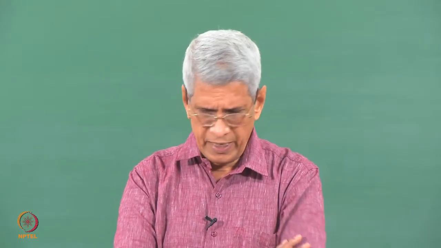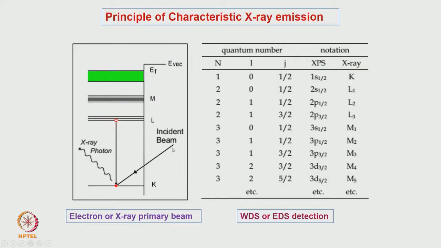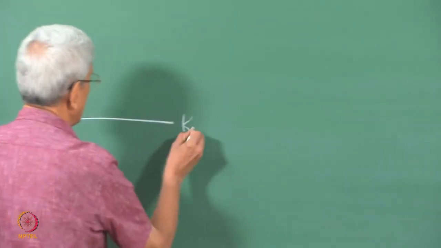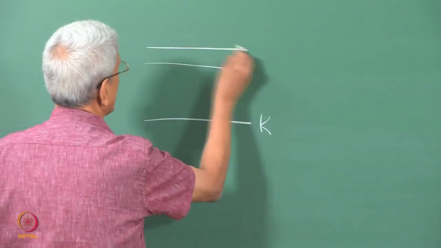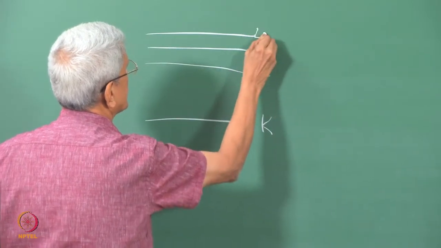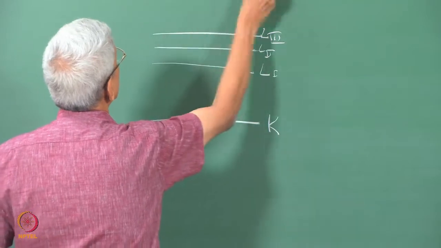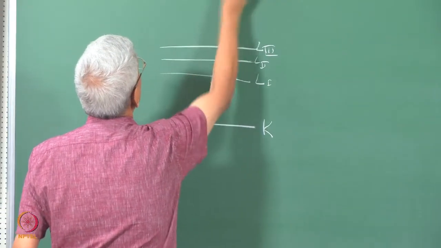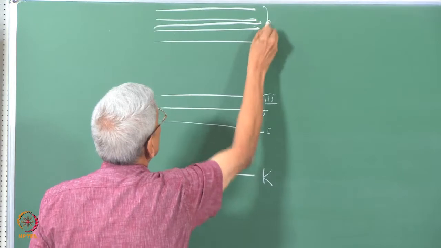Let us look at the phenomenon which takes place. When an incident electron beam falls on the sample, we assume that this electron interacts with an atom and knocks out an electron from the K level. If you look at the line diagram, we have a K level, there are 3 L levels, L1, L2, L3, and then there will be 5 M levels.